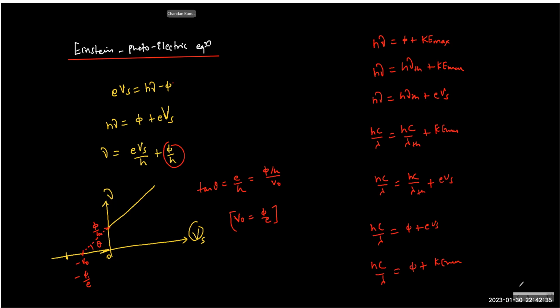So let's say if I ask you that can you plot the graph of, so how the graph look like if I ask you to plot? So which equation you want to use? So HC by lambda is equal to 5 minus 1 second.